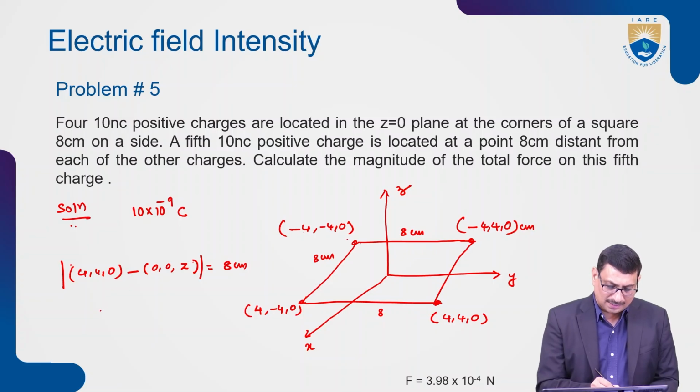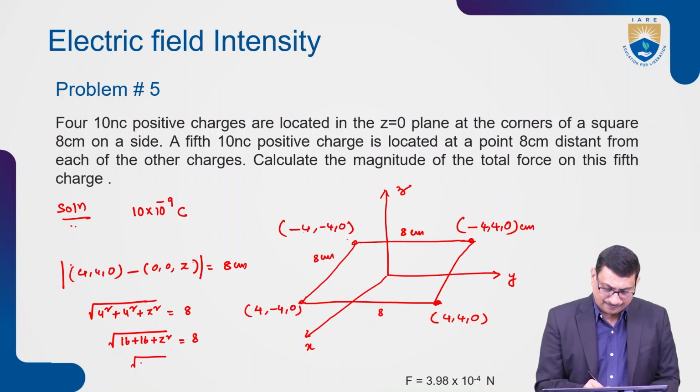The point is, it is the square root of (4 minus 0) squared plus (4 minus 0) squared plus (0 minus z) squared, which equals 8 centimeters. So it is the square root of 16 plus 16 plus z squared is equal to 8, or the square root of 32 plus z squared is equal to 8, or 32 plus z squared is equal to 64.